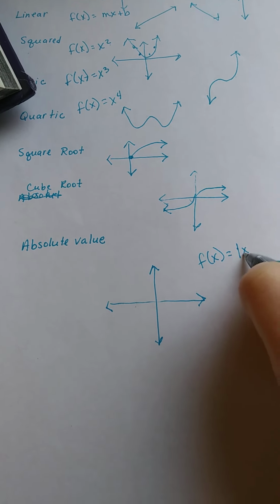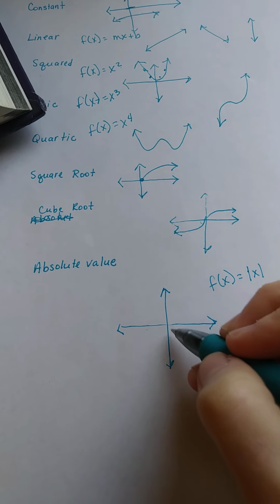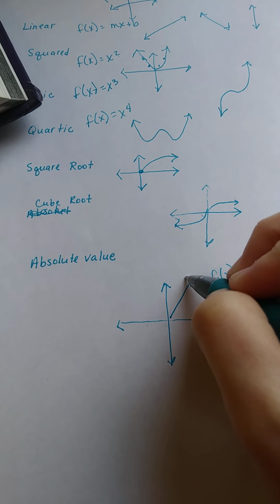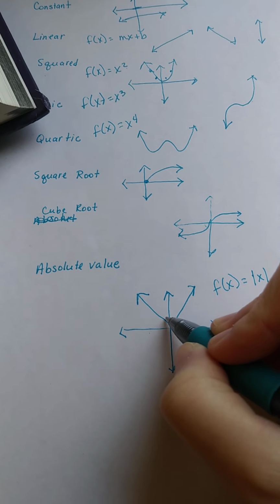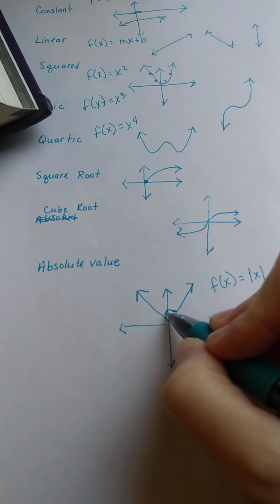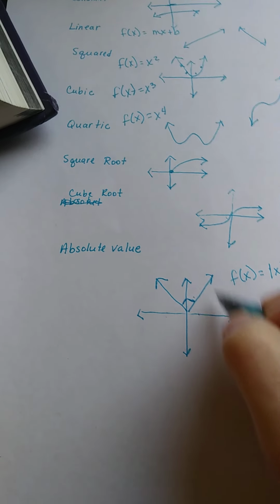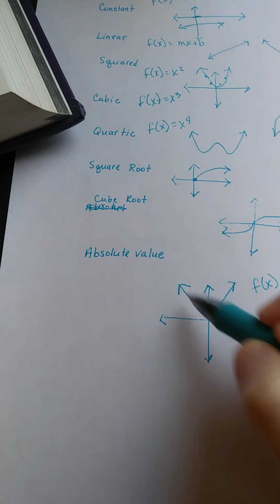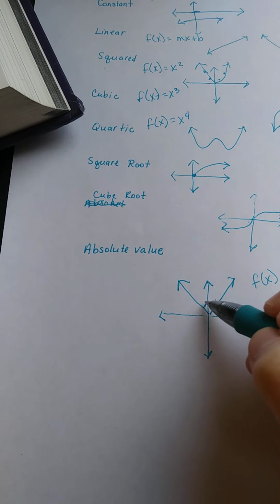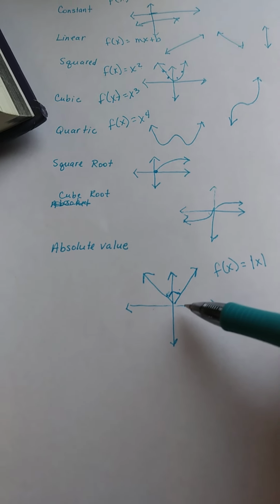But this time, instead of that parabola shape, it's going to make a sharp angle. It's not going to taper off. It's going to be an exact angle there because it's going to go 1, 1, 2, 2, 3, 3. The absolute value of 4 is 4. So it's going to make that perfect 45-degree angle here and the perfect one here, which together makes a right angle. So absolute value you can identify with that perfect right angle that's in there.